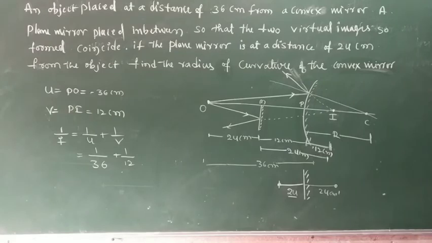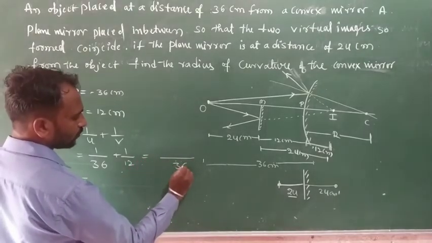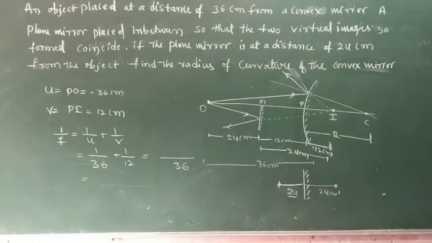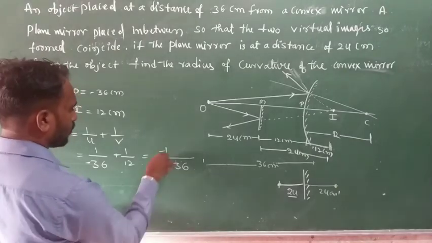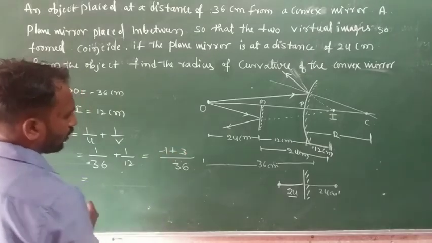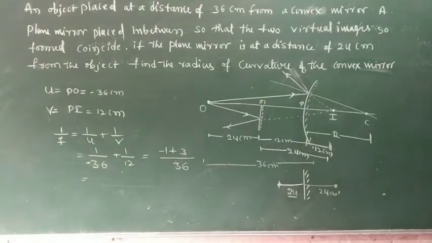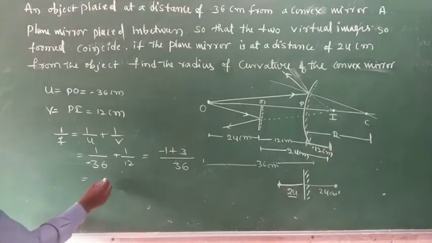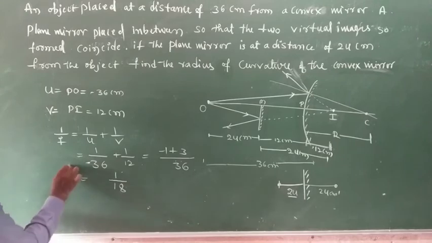LCM is 36, so minus 1 plus 3, which is 2 divided by 36, that means 1 divided by 18, equals 1 by f.